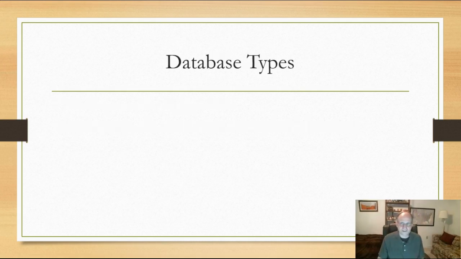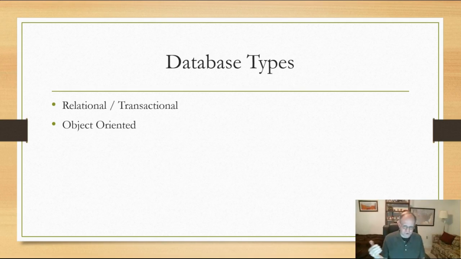All right, database types. We talked about relational databases and transactional databases. There's another one called object-oriented, which brings in the processes that we act upon on an entity within the database. And we did talk about historical or data warehouse databases.